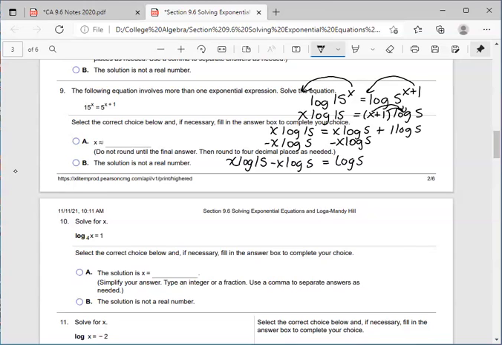I can factor out. I need to get these x's together, and since there's an x in both of them, I can pull that out. If I take the x out of x log of 15, I just have log of 15. If I take the x out of negative x log of 5, I just have minus log of 5.